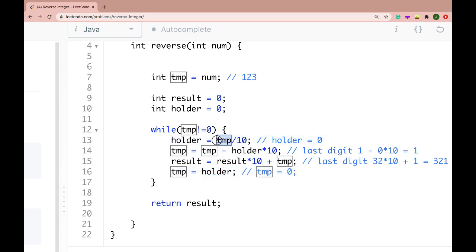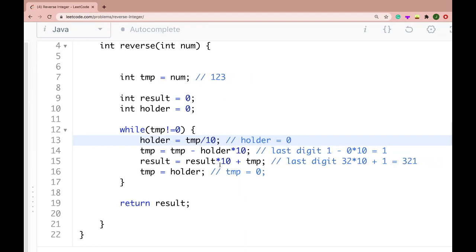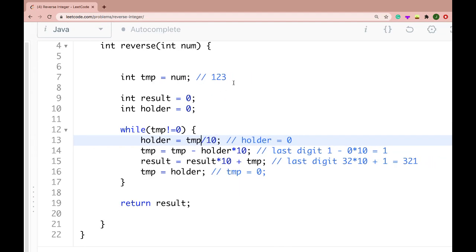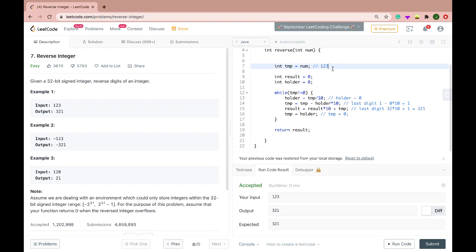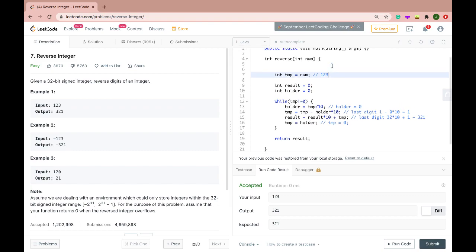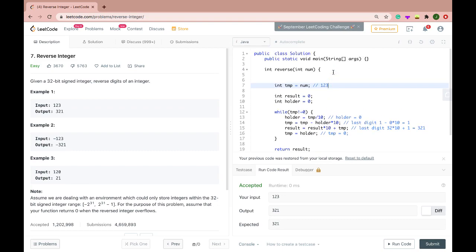Temp is the temporary value that is held for holder, since the value of holder is changing here, so we want to keep the initial value of holder. If we put temp instead of holder, then holder's initial value will change and we will not be able to use the initial value that holder had, so we are using temp. That's why both ways can work. It doesn't really matter which way this problem is solved, but this second way is a way to decrease the storage. And that is how I solved this problem.